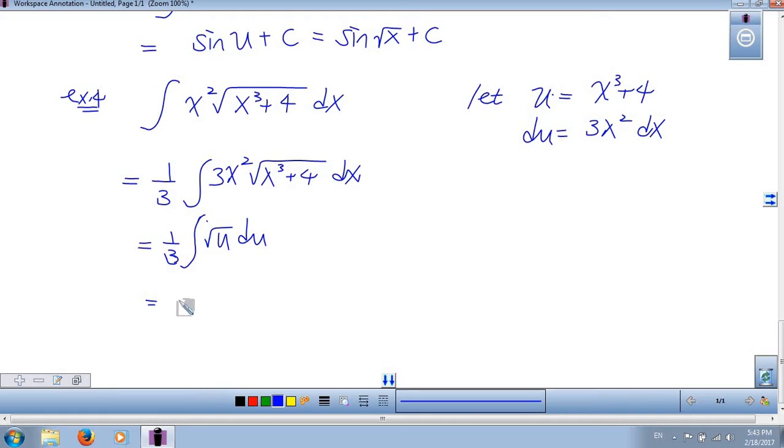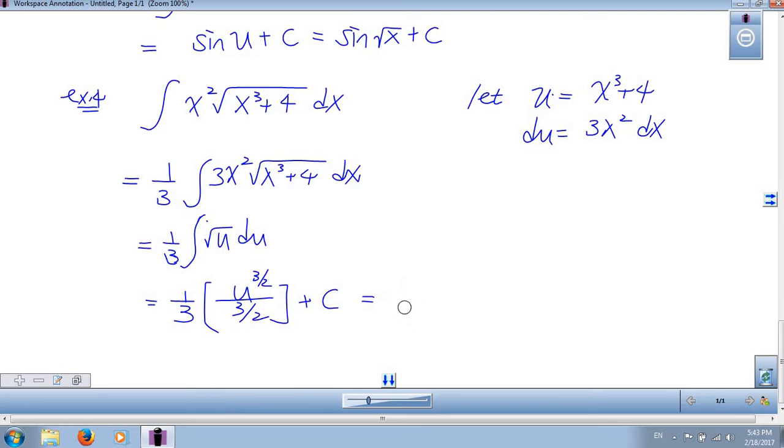So then let's go ahead and integrate. Now, square root of u is u to the 1/2 power. So if you integrate, it will be u to the 3/2 power divided by 3/2, plus a constant. Let's clean up the coefficients here. It's going to be 2/9. When you divide by 3/2, you multiply by the reciprocal.